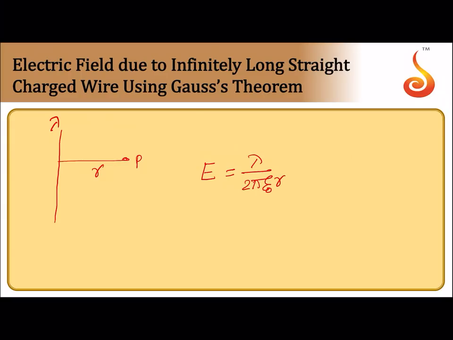Now, one or two important points in the present context. What's the direction of the electric field here? It is radially away. Suppose I consider this point, it is radially away. What if I consider here? It is radially away. What about here? Radially away. What if I consider the top view? This is your line of charge and this is your Gaussian cylinder. So the electric field is radially away from this one. So try to visualize it. It is not so easy to visualize.